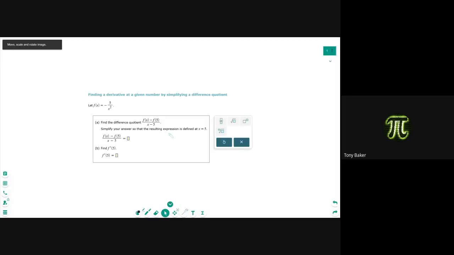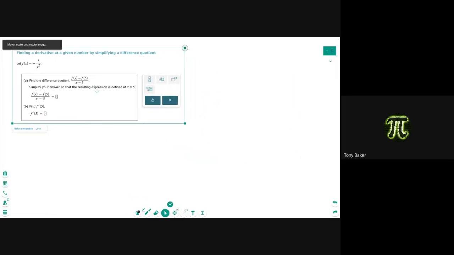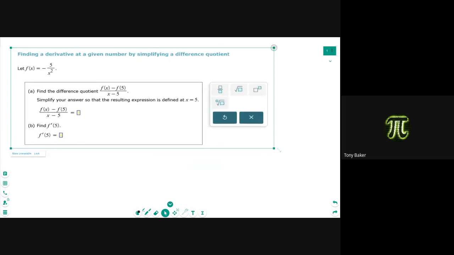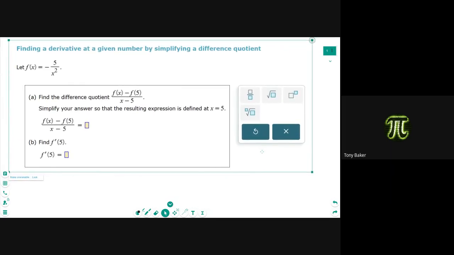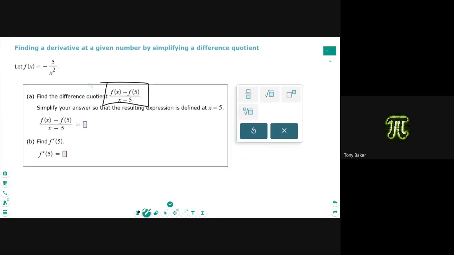All right, so let's look at a problem. You will see quite a few of these problems, which is the difference quotient. And for all intents and purposes, the difference quotient is slope. Because if we look at this equation right here, what does f of x represent?